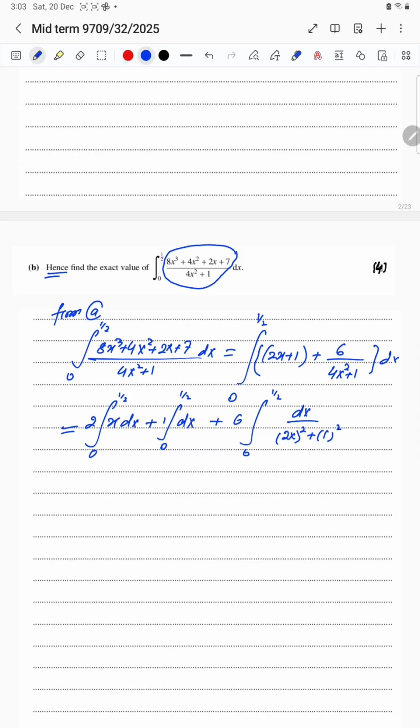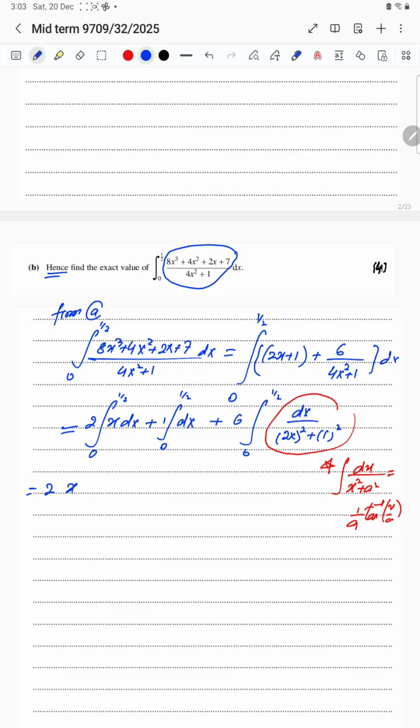Here it is given in the formula sheet as well. Integral of dx over x square plus a square equals 1 over a tan inverse of x over a. This is given in the formula sheet. I will apply it here. That's why I wrote both of the terms as a perfect square, x square plus a square.